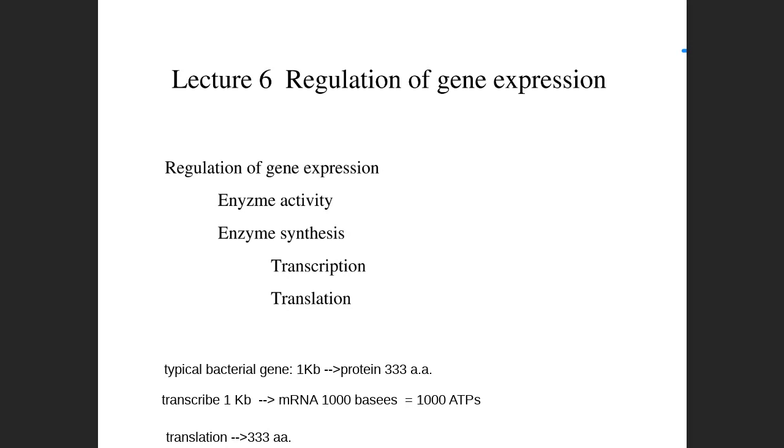When you extend the DNA or extend the RNA, you need the energy to form that bond. So I would recommend you go back and read the lecture from last time talking about the DNA polymerase and the RNA polymerase. That's where the energy is needed.